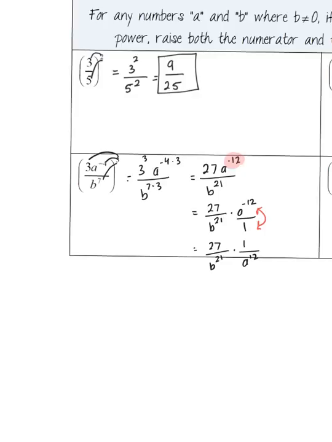So the a to the positive 12 is going to be on the bottom of your fraction now. So your final answer looks like this. Really all you're doing is just moving the a to the negative 12 to the bottom and making that negative exponent a positive number. So this is what you have.